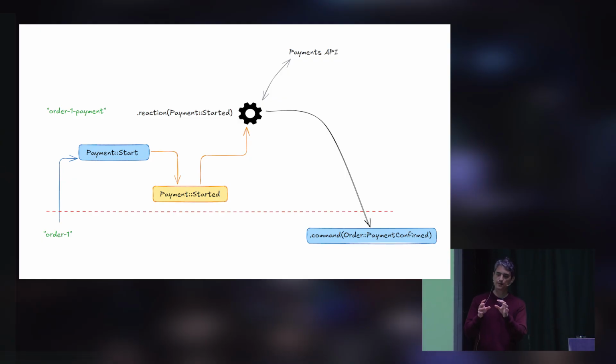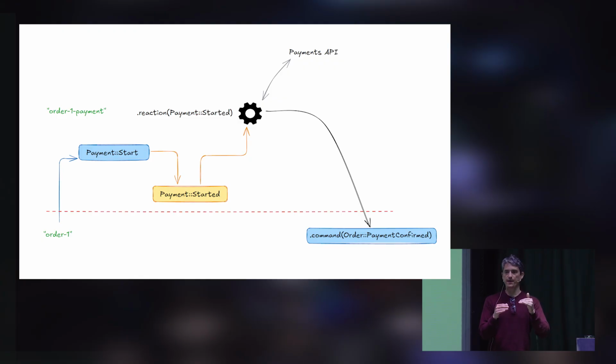So this is an important aspect to it, that side effects happen in those reactions, and those reactions are the things that are gluing those workflows together. So the commands and the events themselves are basically an accounting system for your domain, right? And they are deterministic.